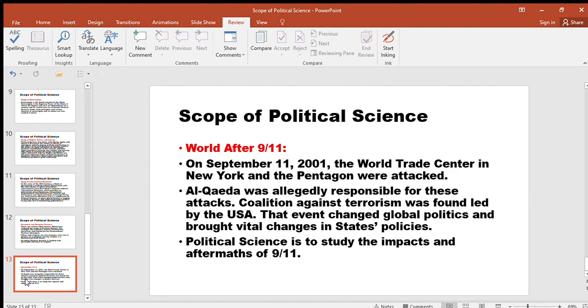A coalition against terrorism was formed, led by the USA, and that event changed global politics and brought vital changes in states' policies. And political science studies the impacts, implications, and aftermath of 9/11.